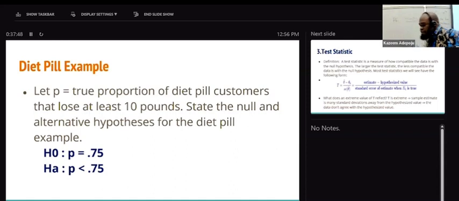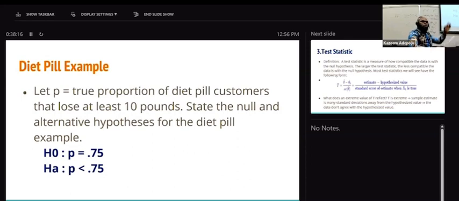Now, what I'm trying to show you is hypothesis formulation. That is the first step in hypothesis testing, which is also the first step in the court of law. I know in the court of law, before they call the defendant and read some stuff, the next thing they're going to say is, are you guilty or not?